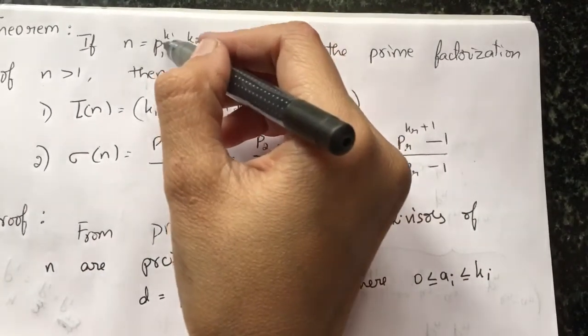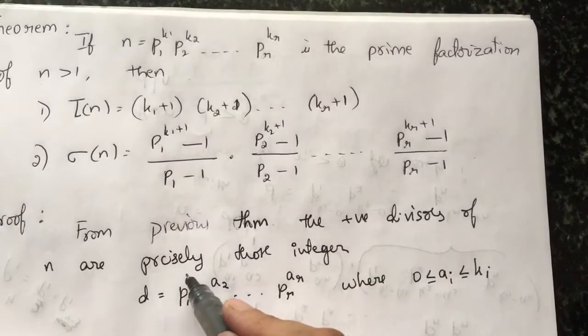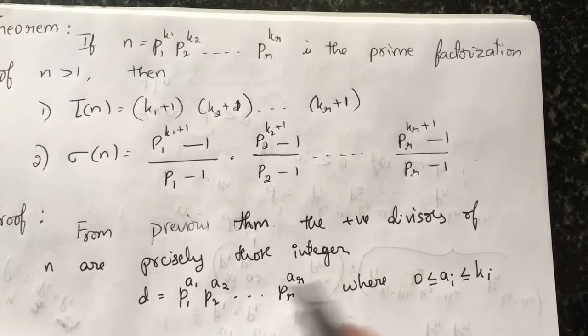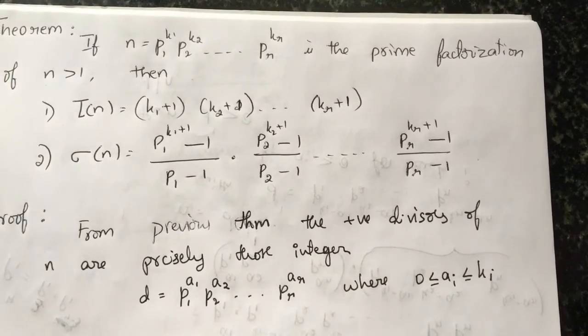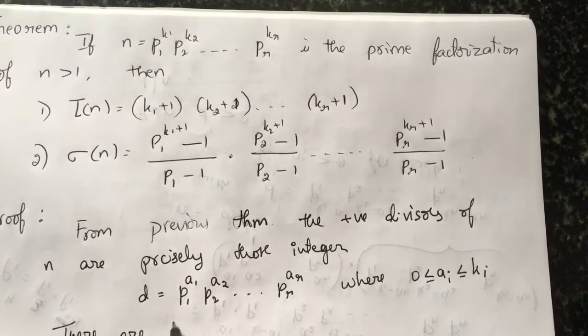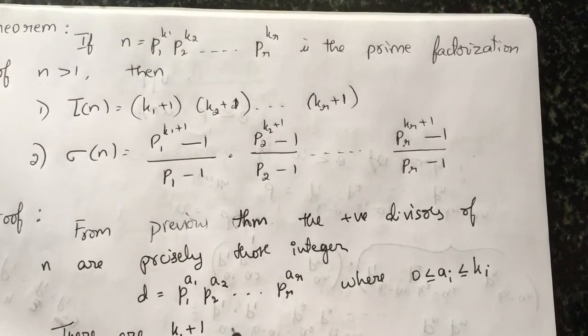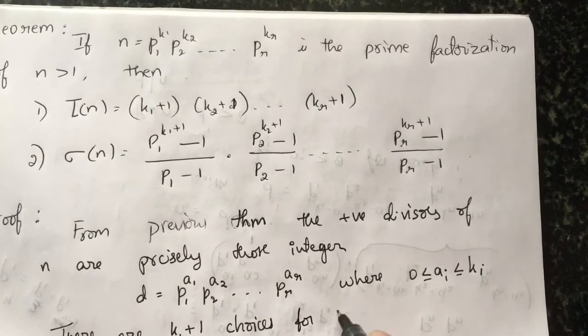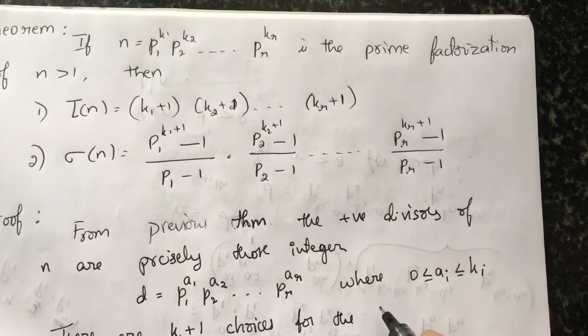Therefore, how many choices k1 has, those many choices a1 has along with a1 can be equal to 0. Therefore, there are k1 plus 1 choices for the exponent a1.